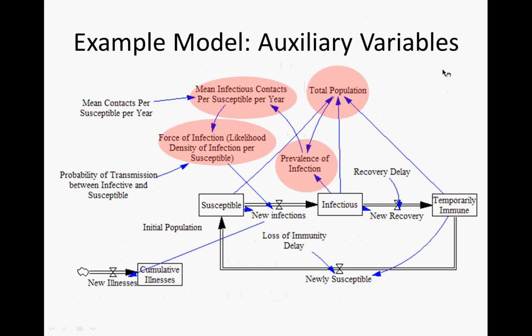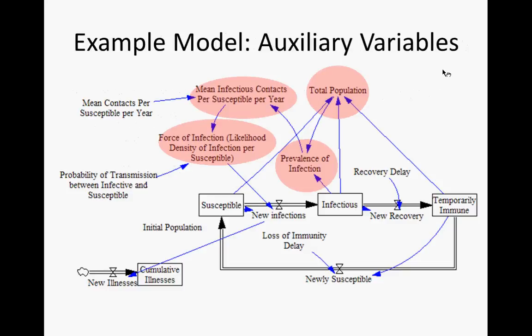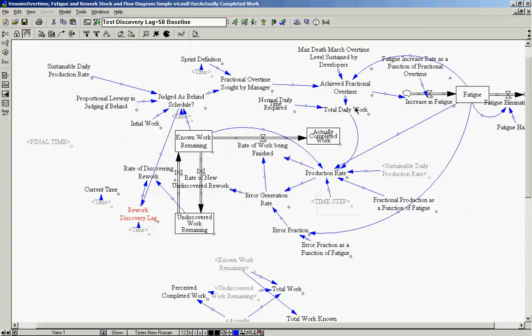Okay, so here we've seen auxiliary variables. For similar reasons, we'll also give names to other variables for things like time series and model constants. And I think I have those shown here. So we might have initial population, the probability of transmission when two people meet up, one infected, one not. What's the probability there's a transmission event? Here in this model, we might have some amount of initial work to be done.